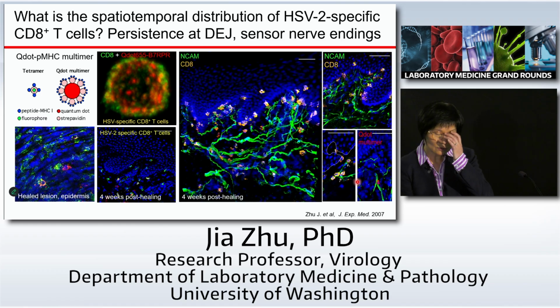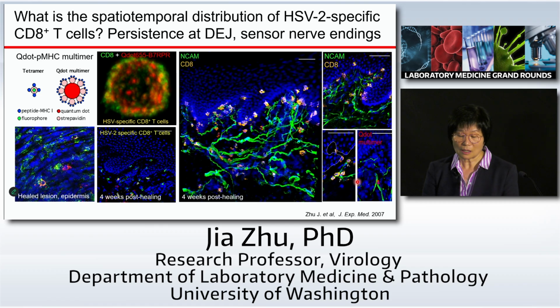Because we know reactivating viral particles are released through the sensory nerve ending into the periphery, we hypothesize that the CD8 T cells, by positioning themselves between the reactivating virus and the target cells, optimally control the viral infection.